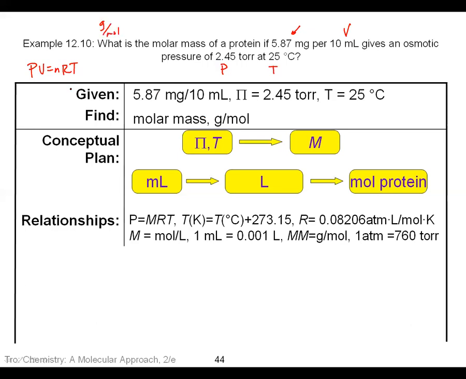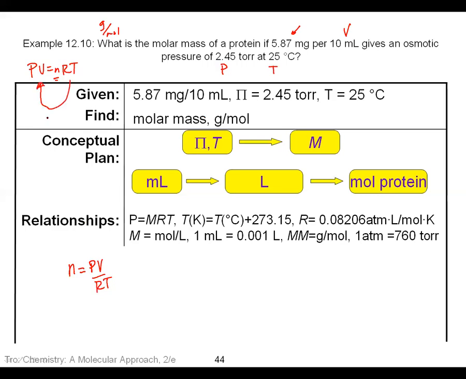So we have P, we have T, we have V. We have everything we need to use the ideal gas law to solve for n. And if we solve for n, n is equal to PV divided by RT. Again, dividing this to this side.